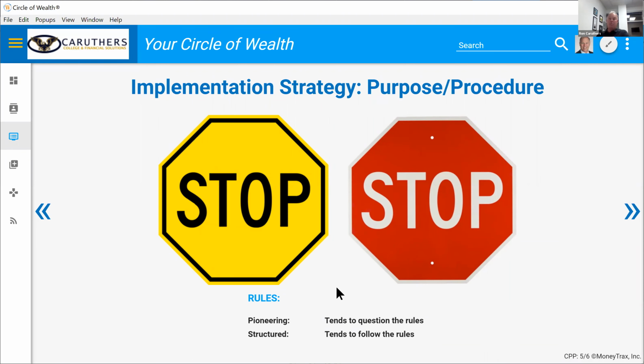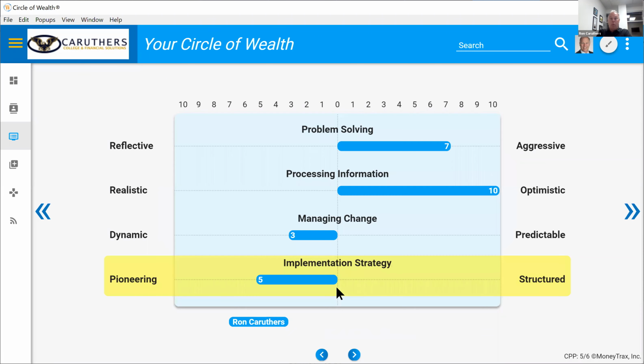So again, in my practice, when I'm dealing with someone that I know tends to be more structured, I'm going to have it written down: 1, 2, 3, 4, 5. If both in the couple are a little more pioneering, I'm just going to tell them, okay, we're going to do this, we're going to do this, we're going to do this. Makes sense? Boom, let's do it. So when you get your report, there I am, a little more pioneering.